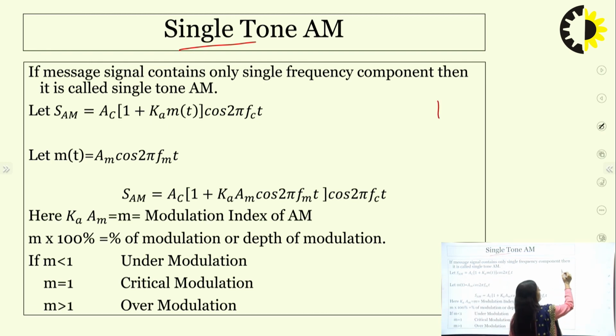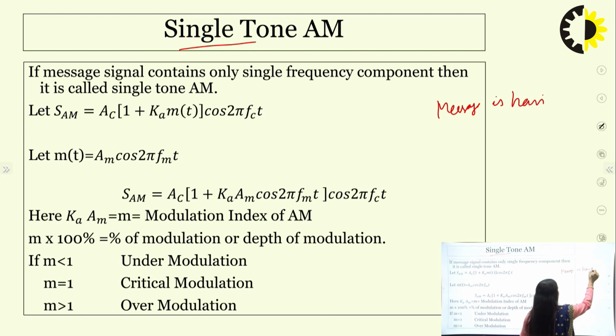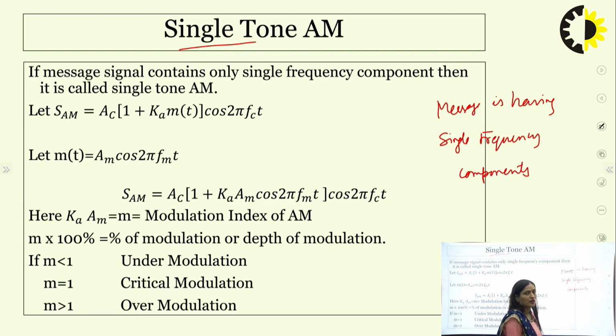It means the message has only a single frequency component. Again, we will do the mathematical analysis of how we get single tone AM. If a message signal contains only a single frequency component, it is called single tone AM, right?